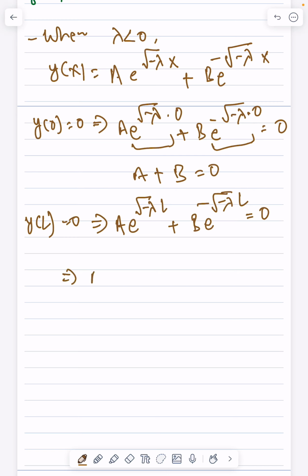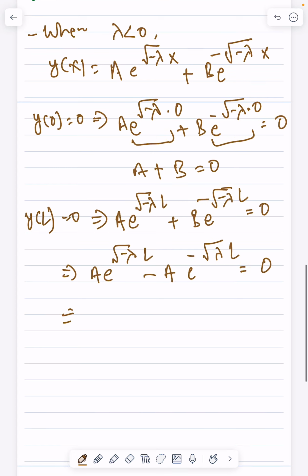So we can just use a e to the power of square root of negative lambda L minus a e to the power of negative square root of negative lambda L equals 0. And this is only possible when a equals 0. So from here we get a equals 0 and b is also equal to 0. Thus trivial solutions.